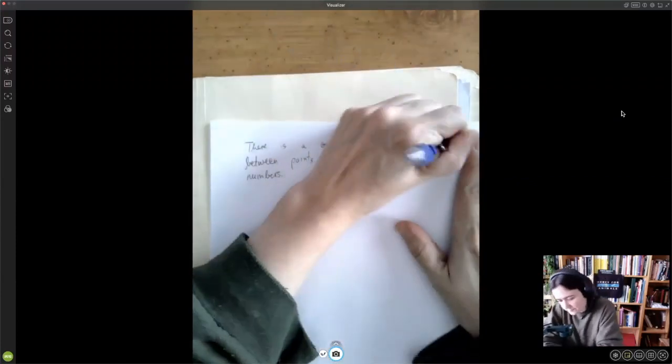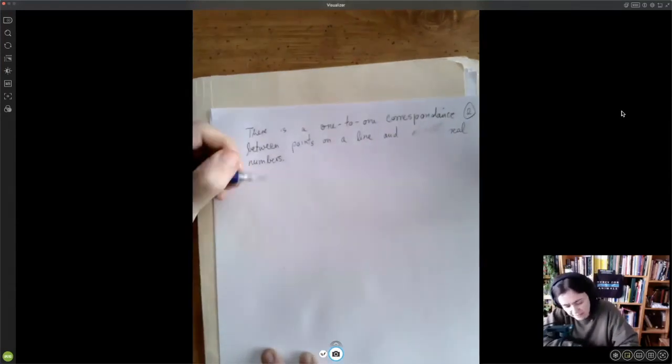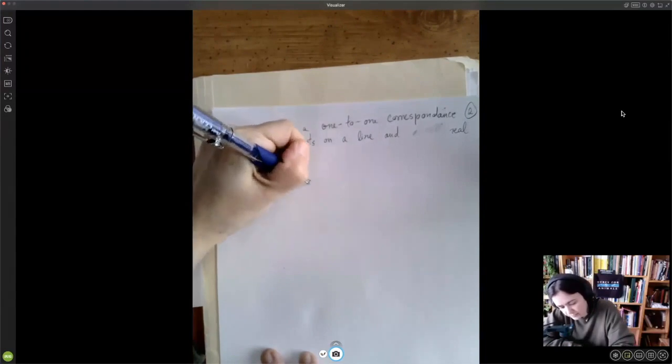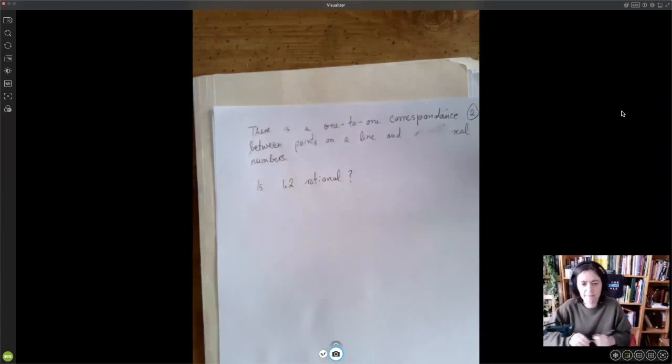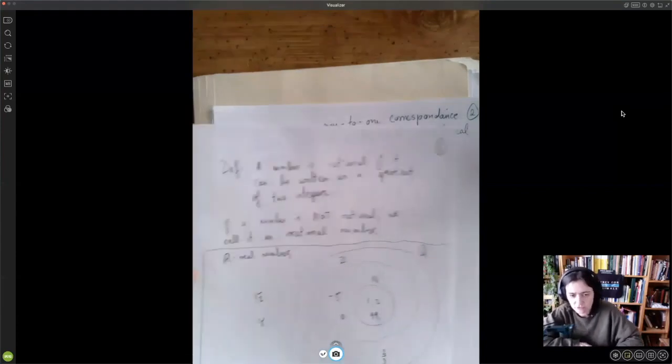Last time we talked about things like, is 1.2 rational? And if yes, why? So it's all about the definition. A number is rational if you can write it as a quotient of two integers.